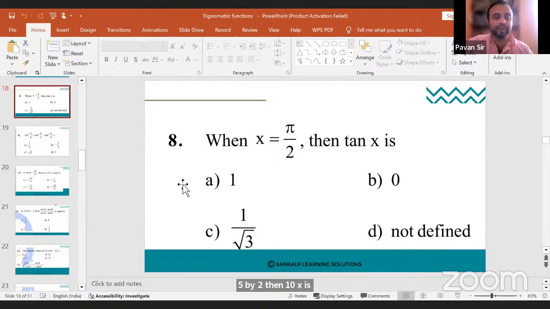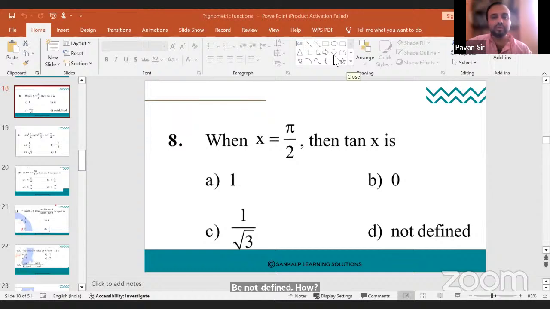When x is pi by 2, what about the tan x? D. Not defined.